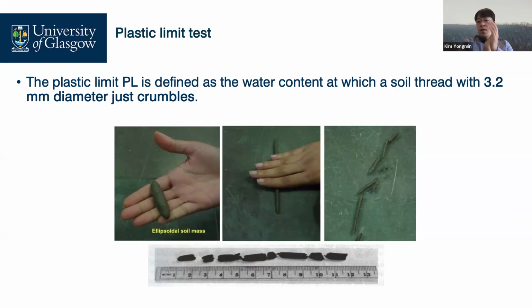So you can make a ball again and hand dry it, dry it up again, and roll again. And then you make it 3 mm in diameter. Wow, now it starts to crumble, start to break. It means this water content is your plastic limit.